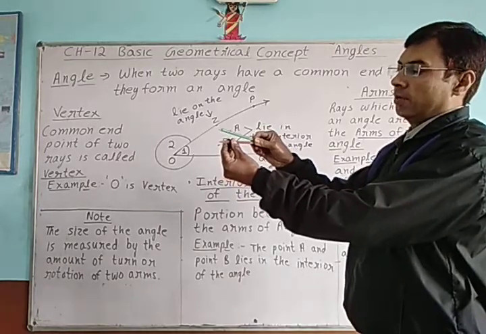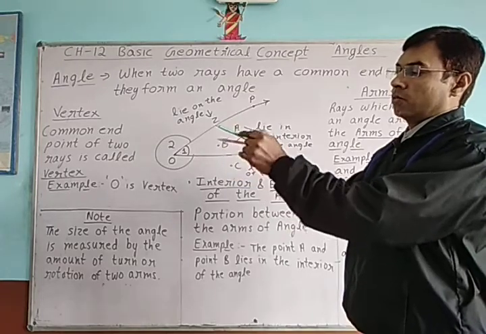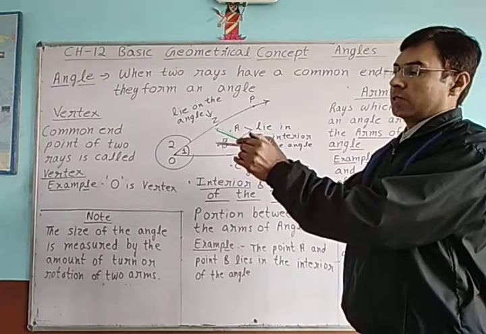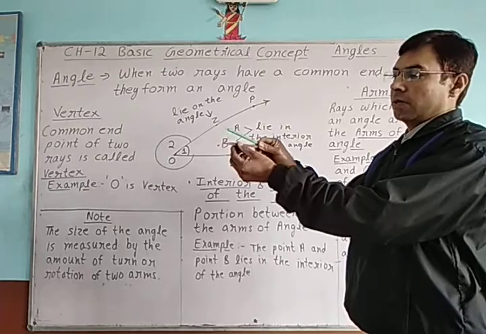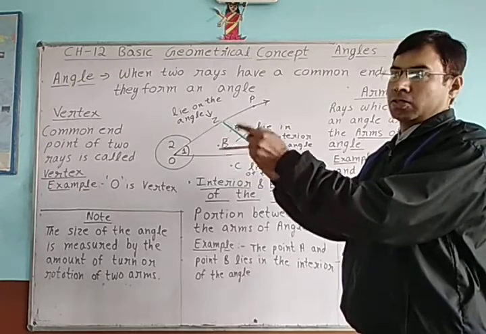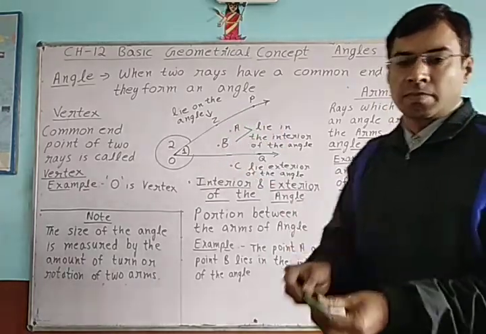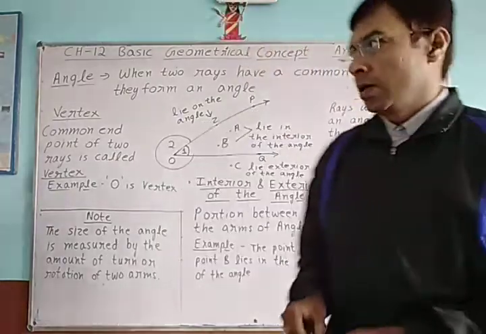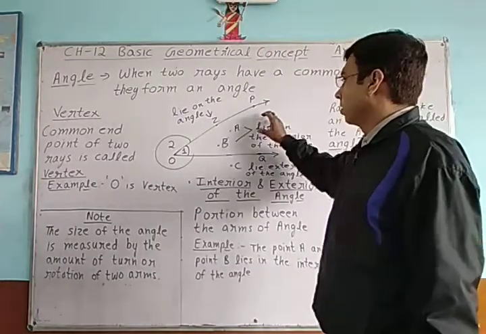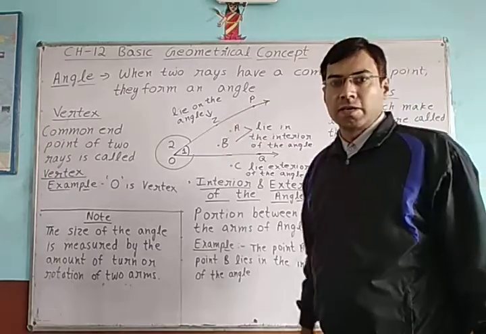Now see, I am rotating one pen. These are two arms, and these two arms are making angles. Clear? And the size of the angle depends on this only, the turn or rotation, and not on the length of the arm. Clear?